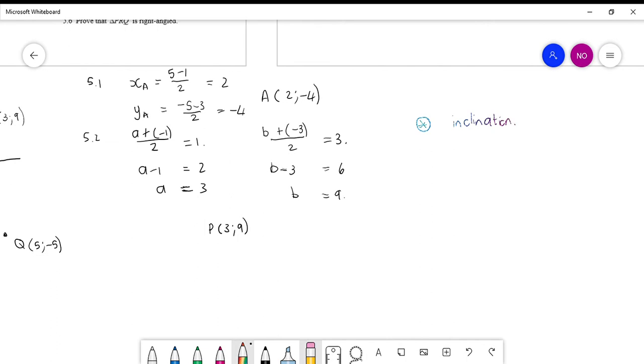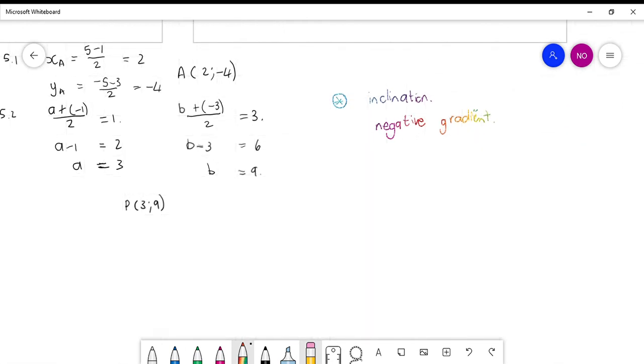When we're busy with inclination and you have a negative gradient, then you are going to work with an obtuse angle. So let's say this one, that line has a gradient of -1.5.